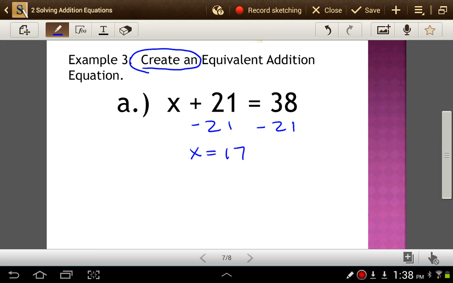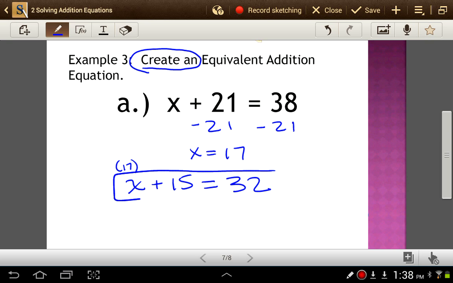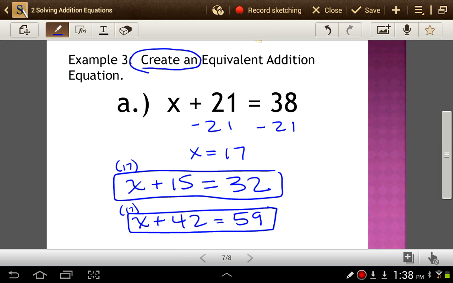Here's a sample: x plus 15 equals, and since x is 17, 17 plus 15 is 32. So my equivalent equation is x plus 15 equals 32. Another example: x plus 42, and plugging in 17 gives 59, so x plus 42 equals 59. That's two examples of creating an equivalent equation.